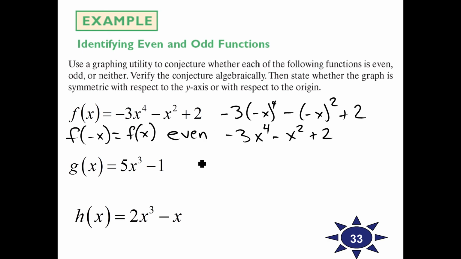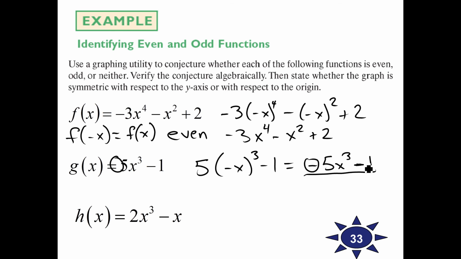Let's check out the next one here. 5 times negative x cubed, minus 1. That's equal to negative 5x cubed, because a negative cube stays negative, minus 1. So this is not equal to what we started with because of the negative out front, right? So it's definitely not even.